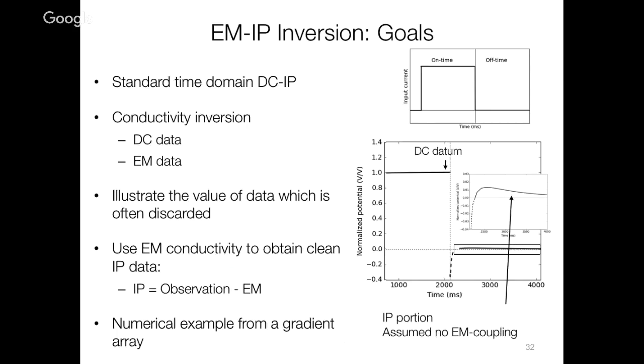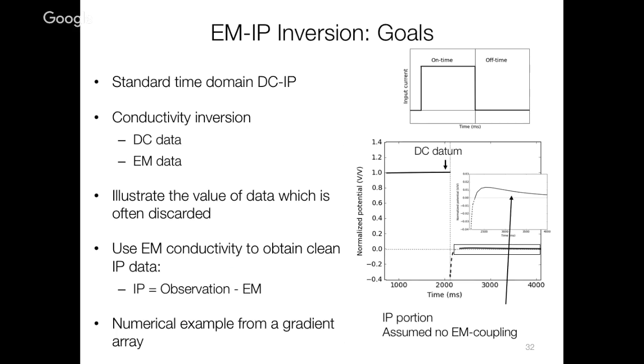So the signal that you measure, if you're able to measure this really rapidly in time after turn off, would have the following three phases. There's first of all a DC resistivity, and then you turn it off, and then you've got an EM response, and then you've got a region where there's both EM and IP, and at late time, now we have this decay, so that's your IP signal.